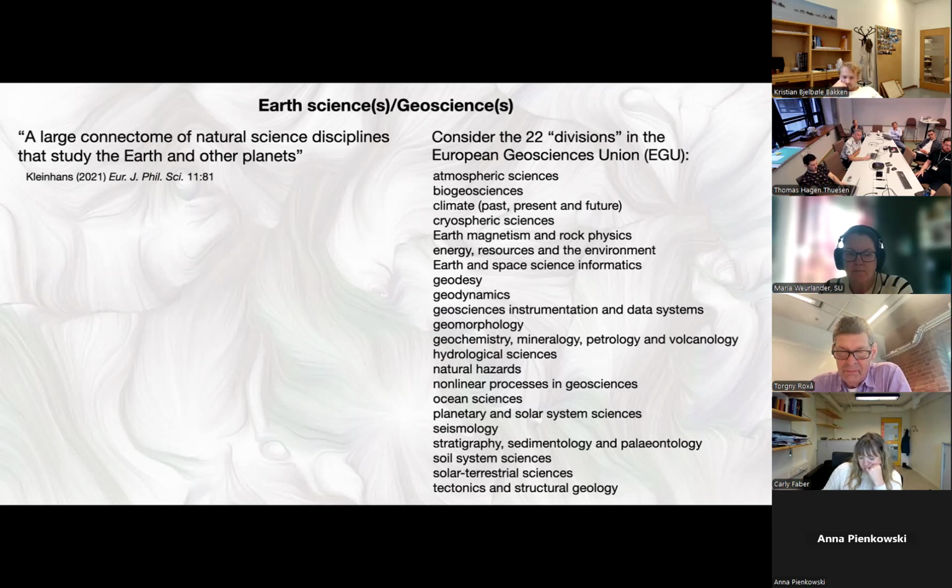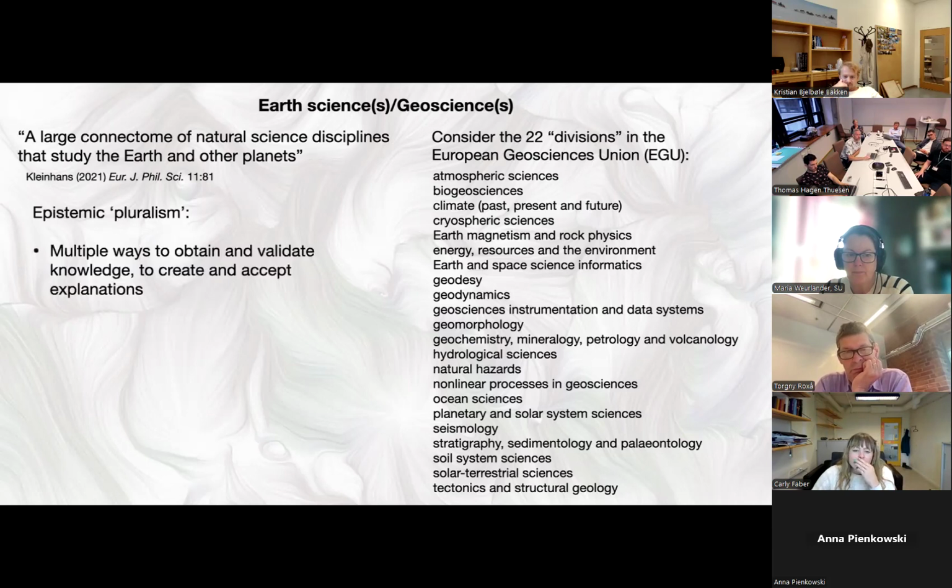And the key point that I want to make here is that if you think about these different ways of doing earth science, and within each of these categories, there's all sorts of different things going on, we can think of the idea of epistemic pluralism.